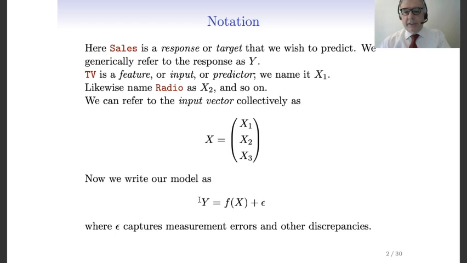The target variable should be equal to some function of X, and beware that this is a function of three variables now, because X is a vector, plus some error. Because we cannot think of being able to predict Y perfectly, we should account for measurement errors and all kind of discrepancies between our model and reality.